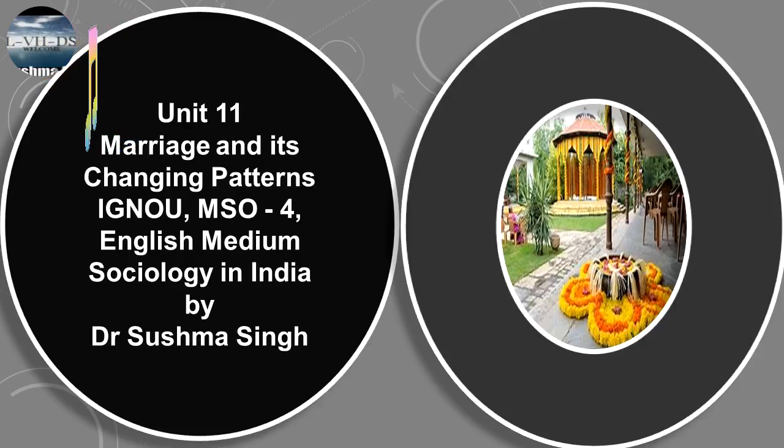There is a dowry prohibition cell to look into the complaints about the dowry. The legal provisions do not imply the end of marriages with dowry, though there are progressive young people who voice their strong opinion against dowry and marry without it.